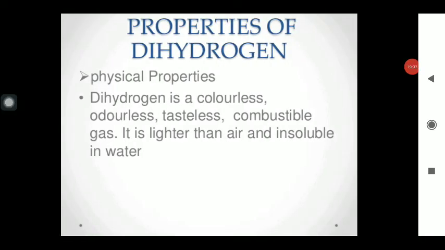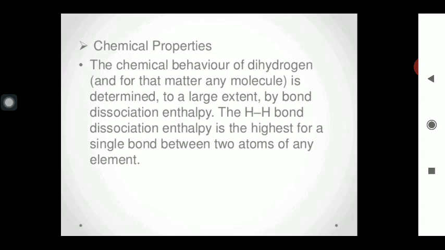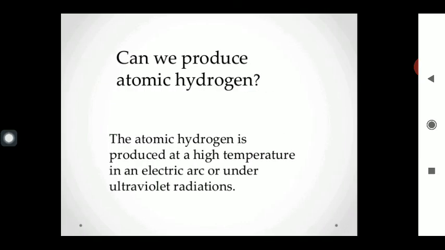Now some properties of dihydrogen. Physical properties: odorless, colorless, tasteless gas, highly combustible. Chemical properties: chemical behavior of dihydrogen. The bond dissociation enthalpy of this gas is very high, so breaking it and bringing it to the elemental state is very difficult. Can we produce atomic hydrogen?